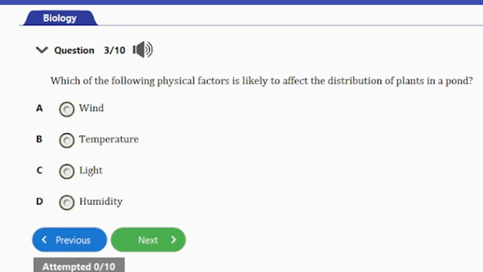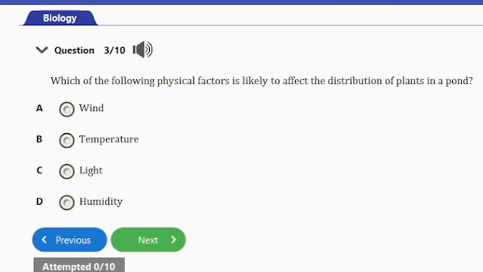Let's consider the next question, question number 3. It says, which of the following physical factors is likely to affect the distribution of plants in a pond? A. Wind. B. Temperature. C. Light. D. Humidity. The answer to this question is option C, and that's light. Light affects the distribution of plants in a pond because it's necessary for photosynthesis.